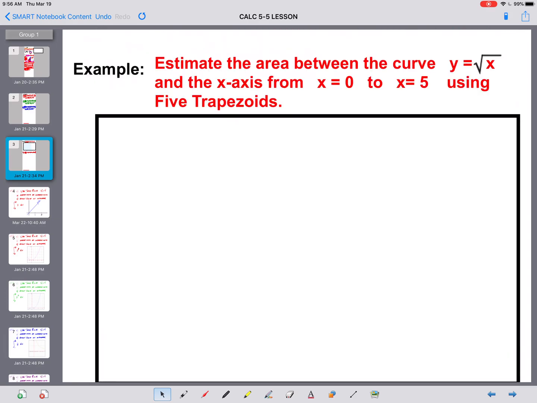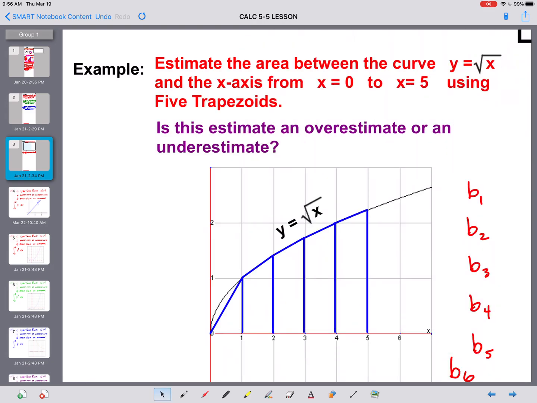This one here. It says, estimate the area between the curve and the x-axis. The curve is y equals the square root of x from 0 to 5. And we're going to use 5 trapezoids. So here's what I've got. There it is. From 0 to 5. We start here.